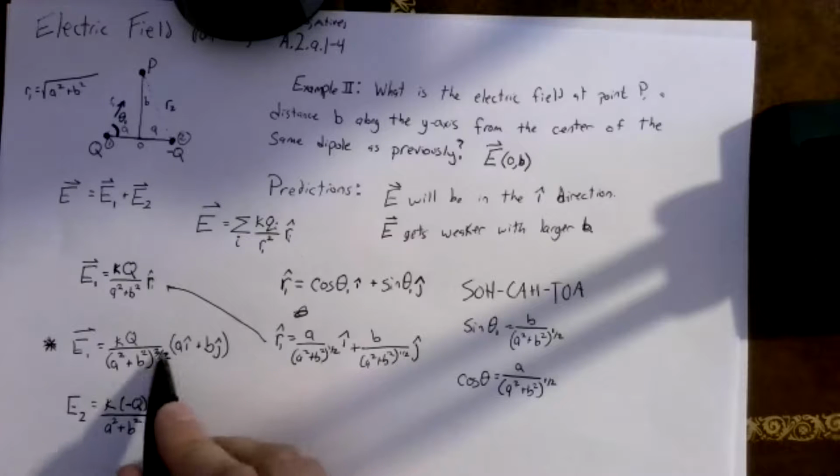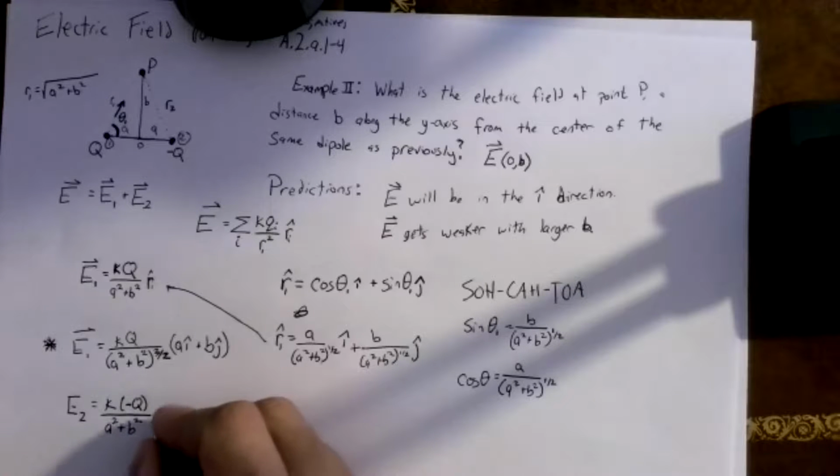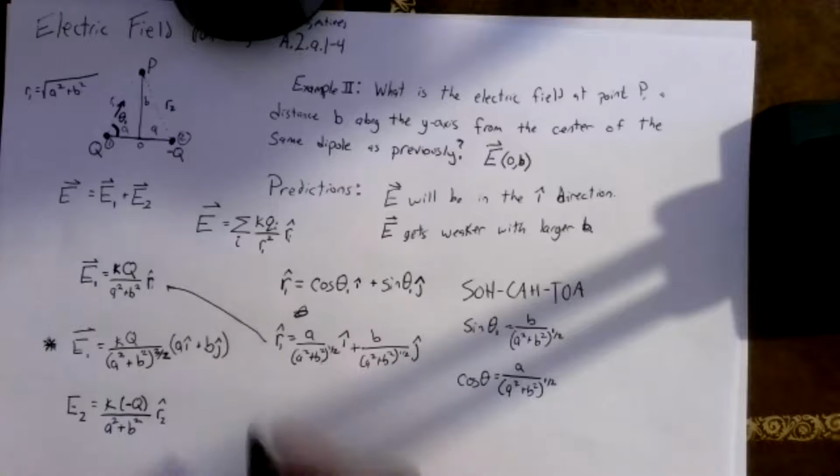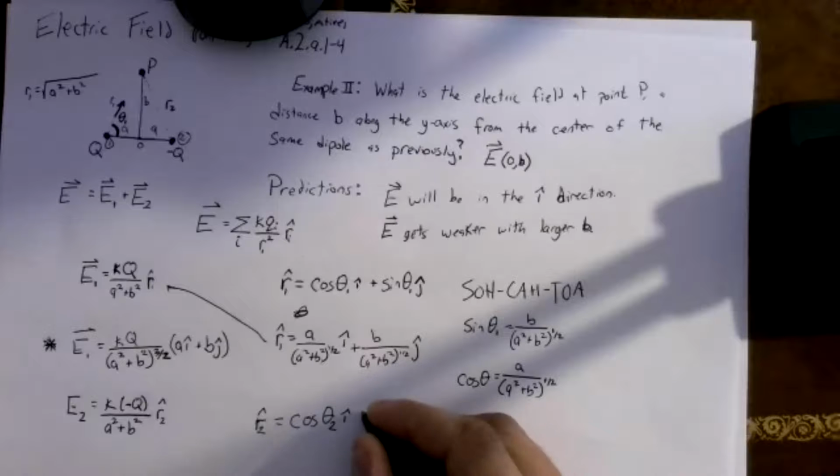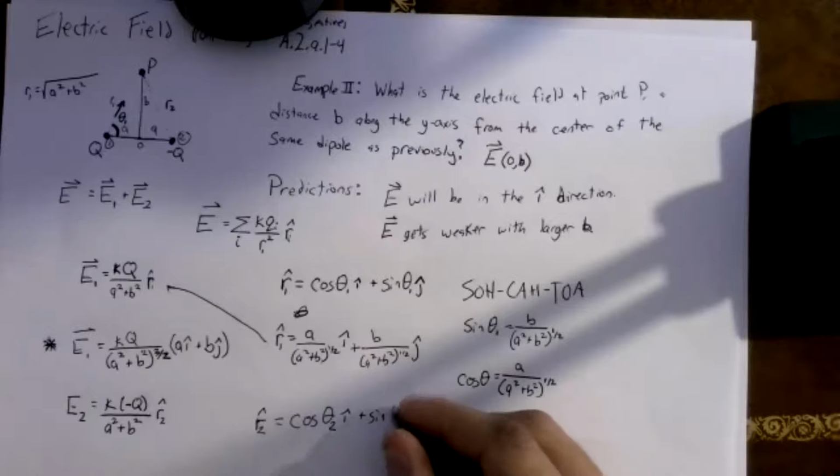And so now we have to look at what our R2 hat is. We do it the same way as we did over here. It's going to look pretty similar. There's only one little difference. We've got to be careful about that. If we get the same answer, then it's going to cancel out completely and we'll have no electric field. So this time we have to look at the cosine of the second angle and the sine of the second angle.